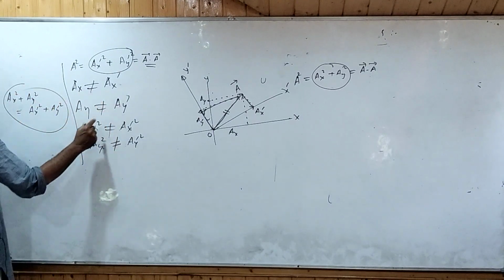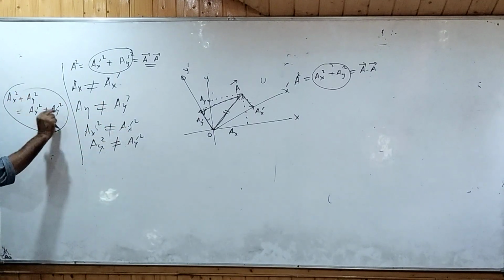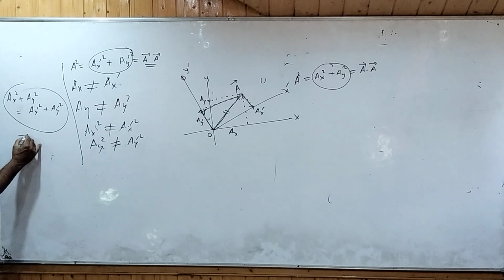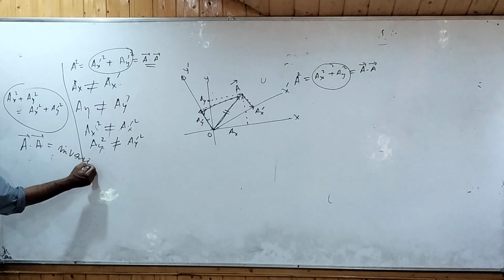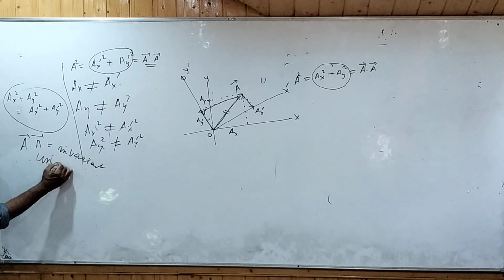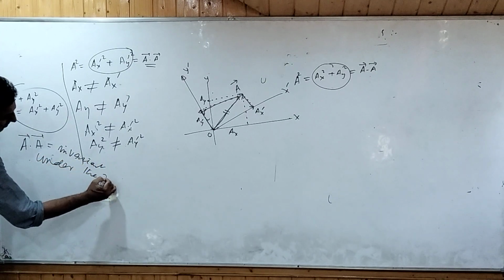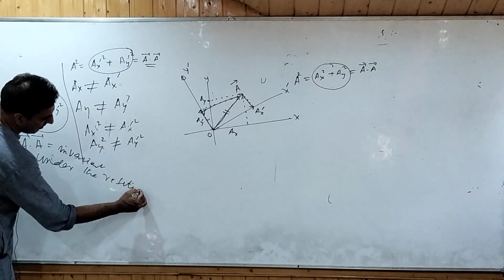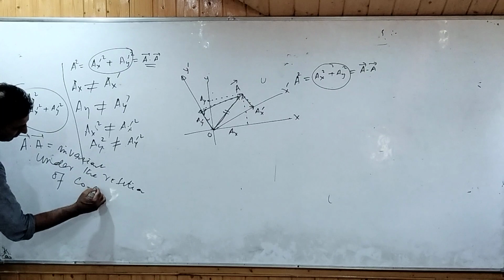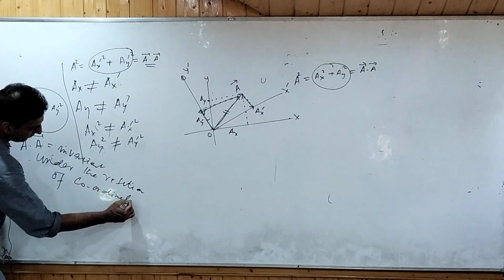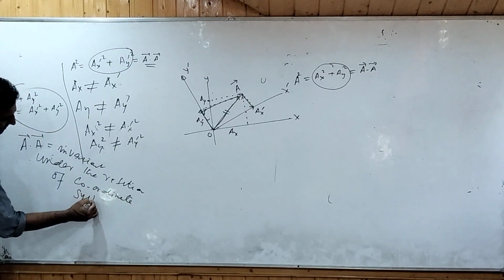Not the individual components, but the sum of the squares are equal. That means A dot A is invariant under the rotation of coordinate system. That is all.